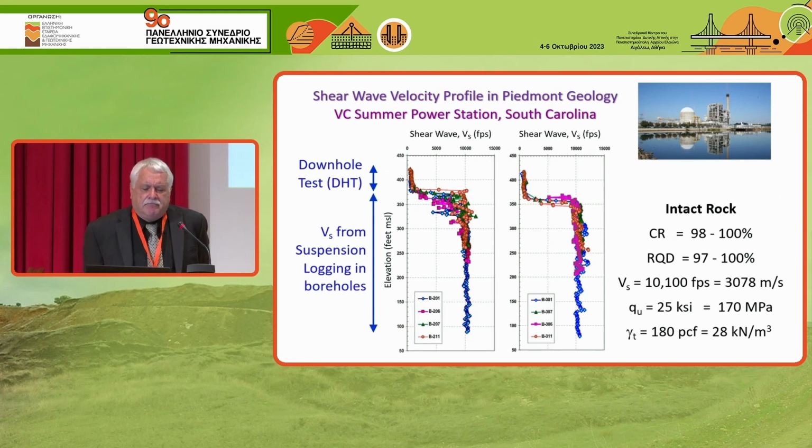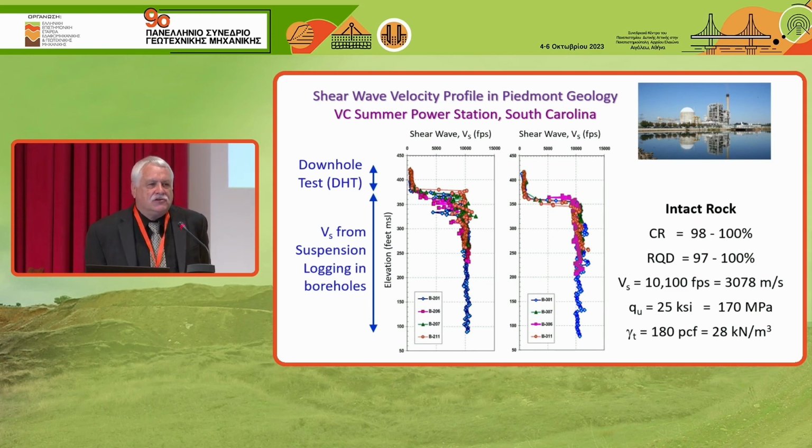Here's a power plant facility in South Carolina, not too far from Atlanta, Georgia. In this case, we're going from soil in the very shallow part up to very strong granitic rock. The shear wave velocity in the rock, from these two profiles done with a suspension logger, is 3,078 meters per second.